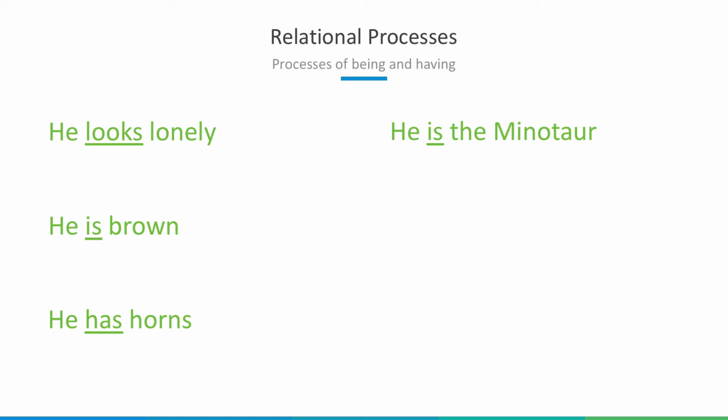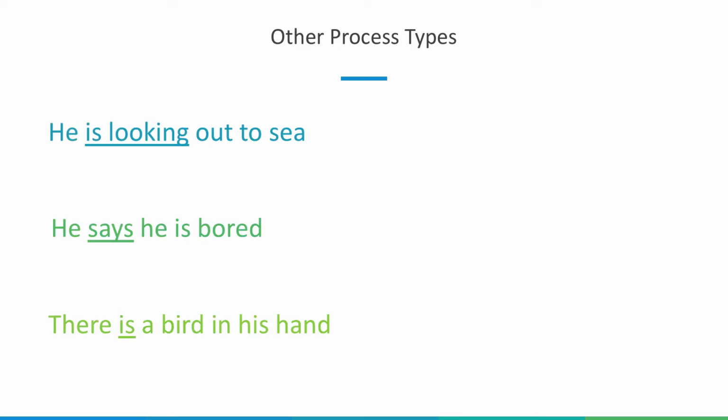And in the sentence, he is the Minotaur, the verb is relating an identity to the pronoun he. So these are all examples of relational processes. Okay, so far we've looked at 3 different process types: action or material processes, mental, and relational.